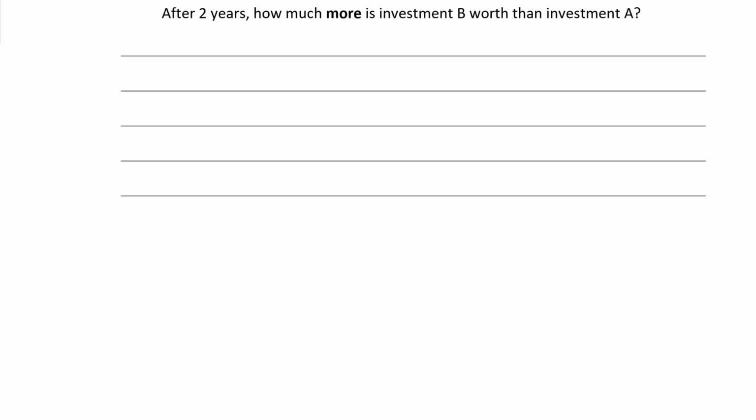Okay, let's start with investment A then. Save £150 per month for 2 years, and 2.5% interest is added to the total amount saved. So if we're saving £150 per month for 2 years, then we've got 150 times 2 lots of 12 months, which is 24 months.